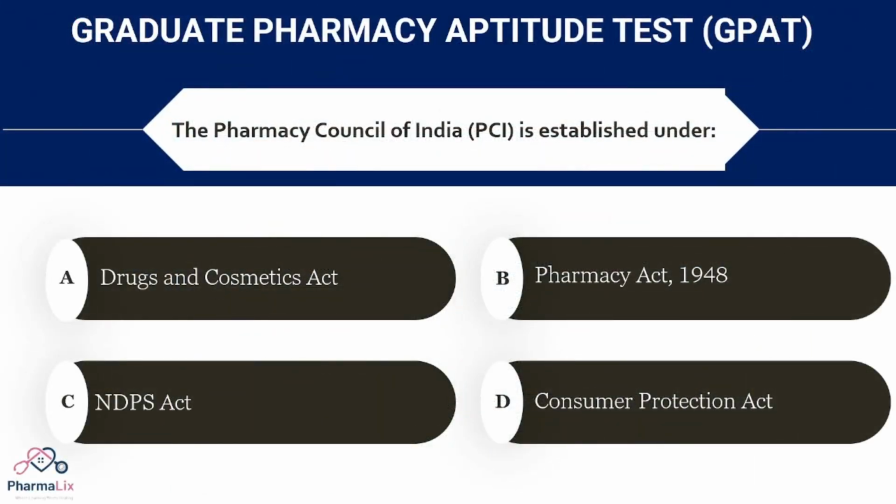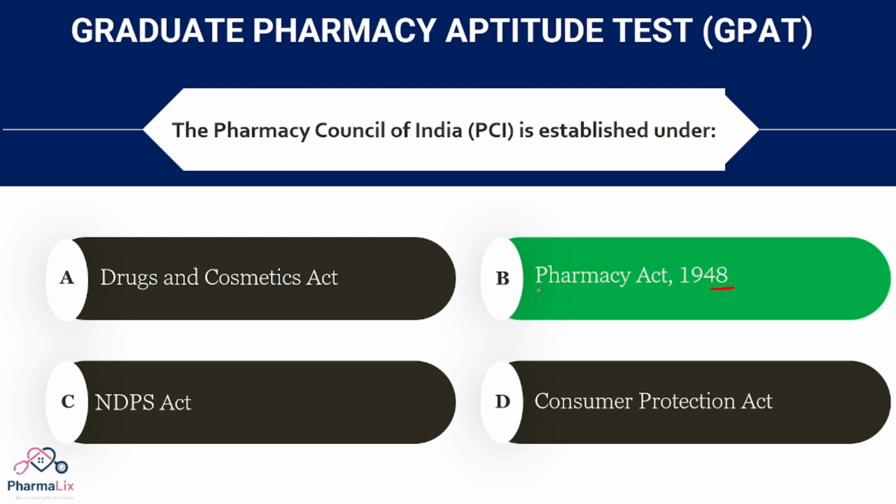The Pharmacy Council of India, that is PCI, is established under which act? Is it the Drug and Cosmetic Act, the Pharmacy Act, the Narcotic Drug and Psychotropic Act, or the Consumer Protection Act? The correct answer is the Pharmacy Act. Under the Pharmacy Act, the Pharmacy Council of India is established, and the Pharmacy Act came in 1948.